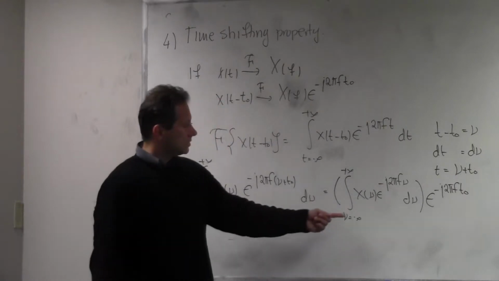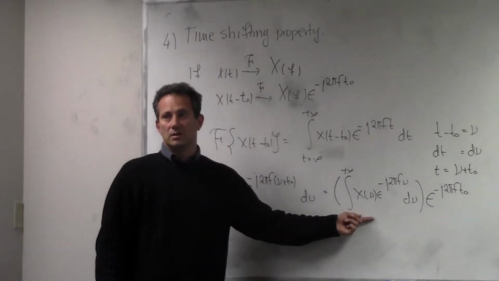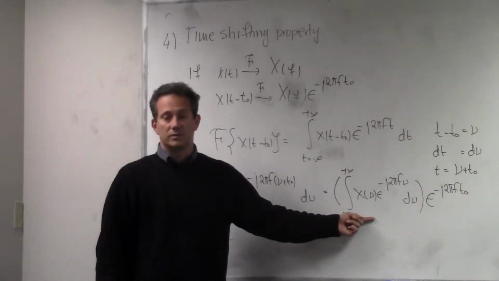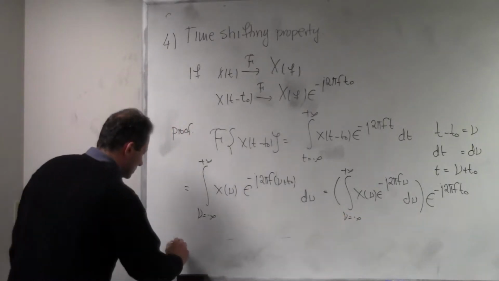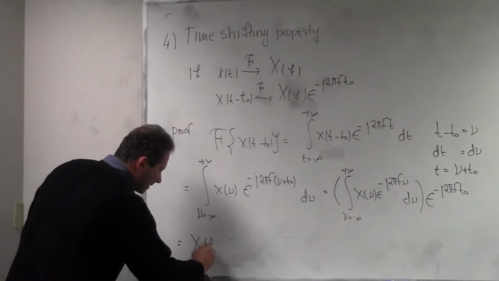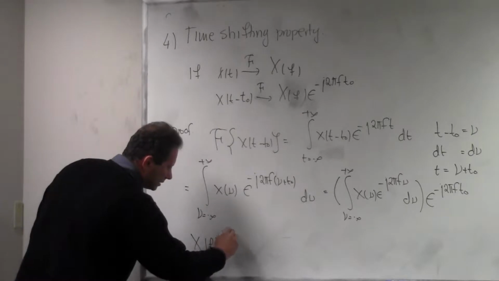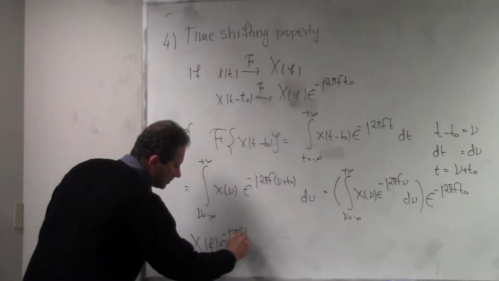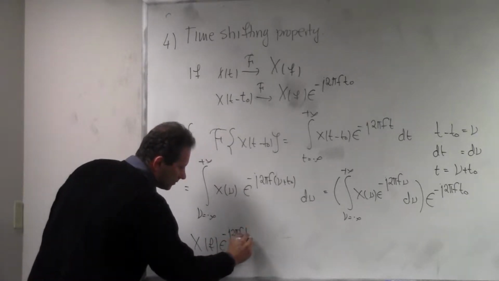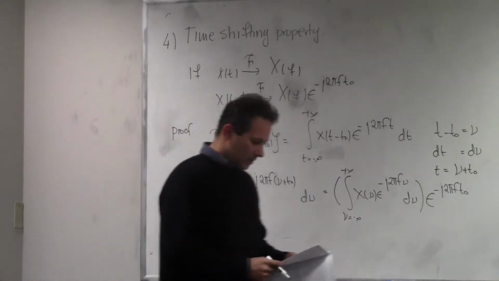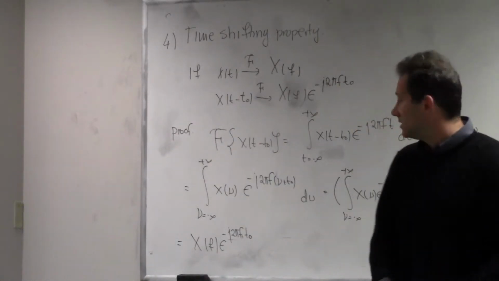Do you recognize the term here in parentheses? This is X of f, the Fourier transform. So this is equal to X of f e to the minus j 2 pi f times t0.